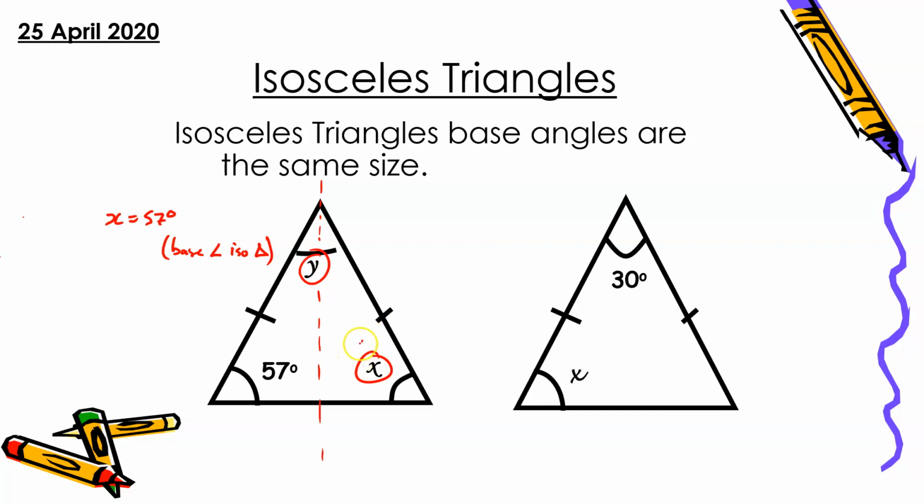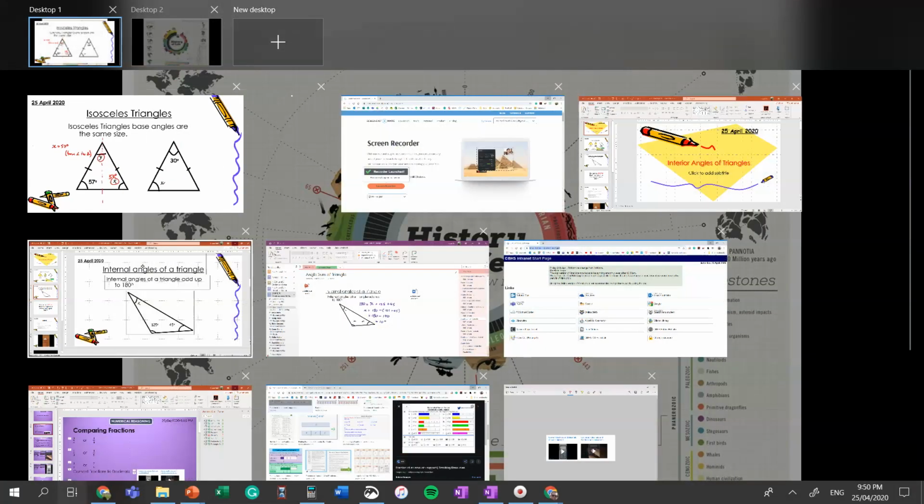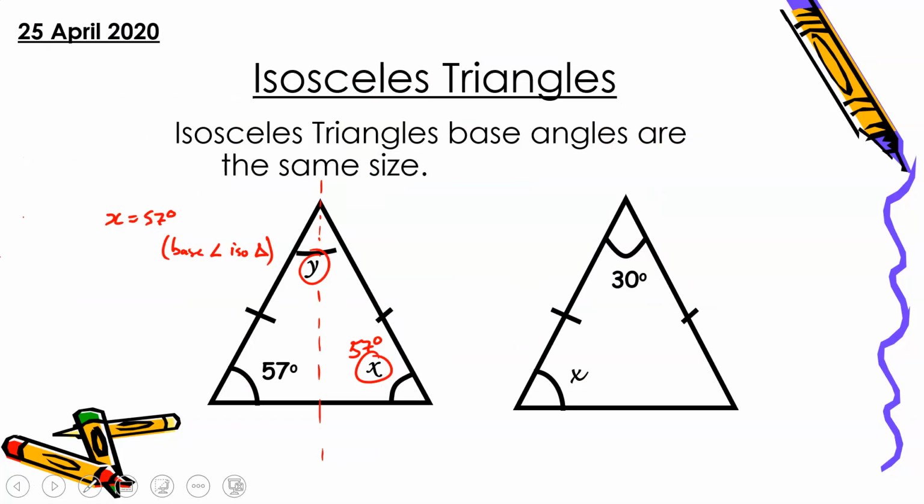So how does that help us? We end up with 57 degrees, and then there's only one unknown angle. What we can do is use our normal calculation.